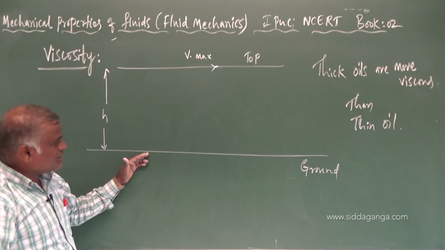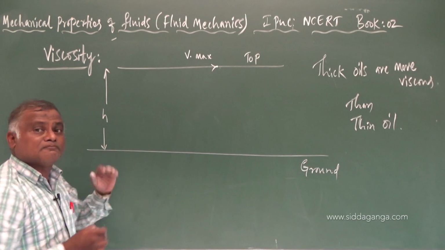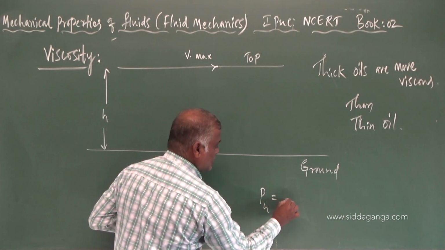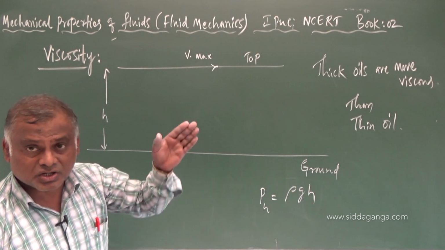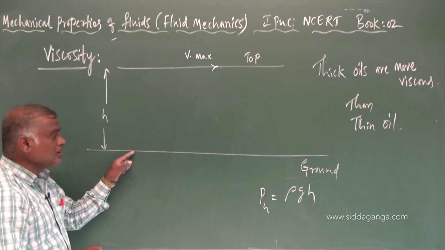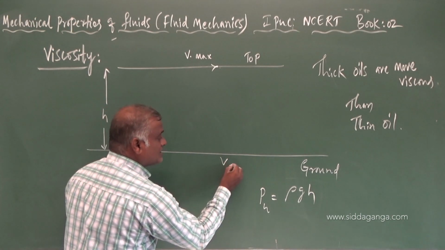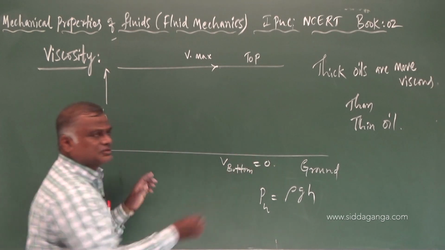If you come across the bottom, because of increase in depth, pressure is more. Pressure at a depth is equal to rho g h. As the depth increases, pressure also increases. Therefore, at the ground, you will say velocity at the bottom is almost at rest, which is 0.